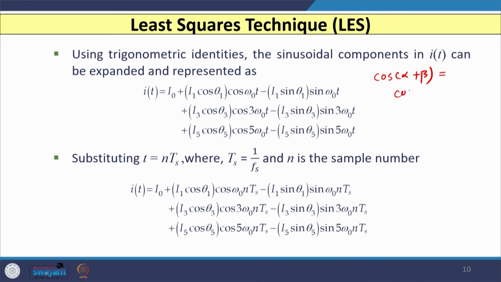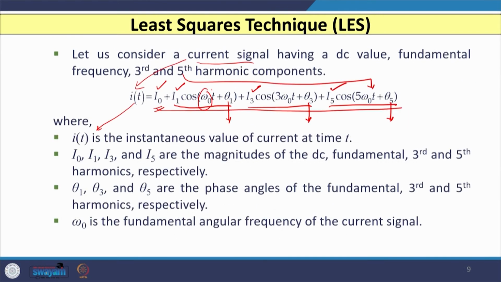So, if I use this cos alpha cos beta minus sin alpha sin beta, then we can say that in the earlier equation, the term I 1 cos of omega 0 t plus theta 1 can be extended in terms of cos of alpha plus beta, where alpha is omega 0 t and beta is theta 1.